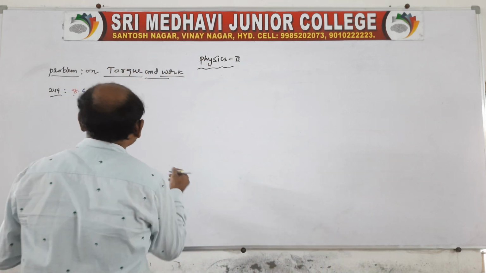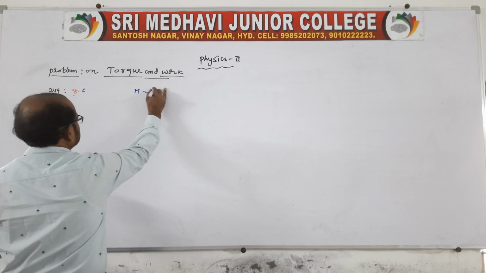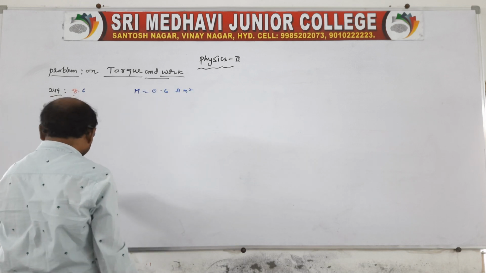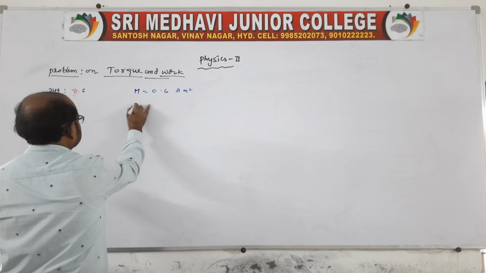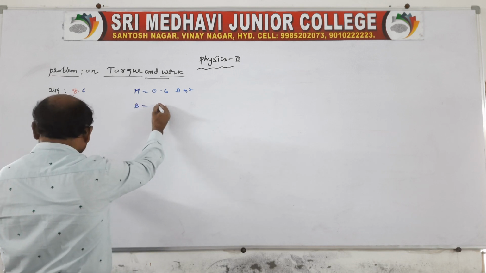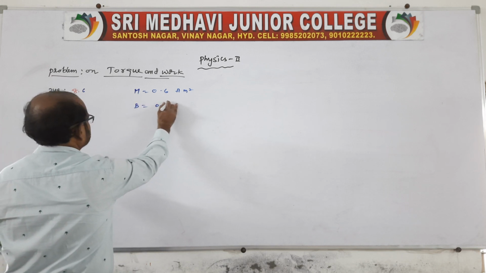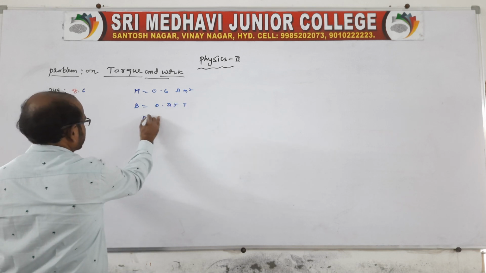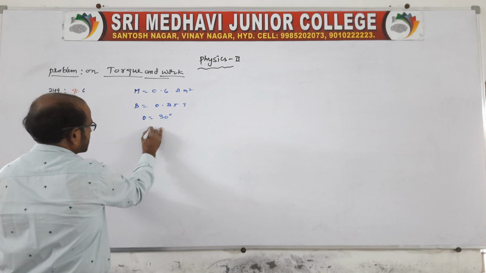So from 8.5, the magnetic moment is 0.6 ampere meter square, right? And there is a capital B in the field, which is 0.25 Tesla. So this is suspended and it is making an angle 30 degree, and it is asking torque.